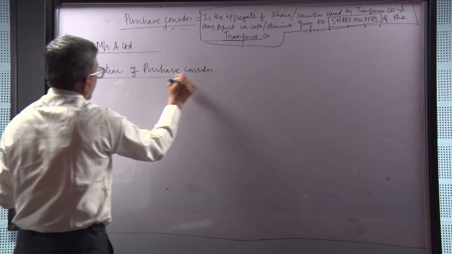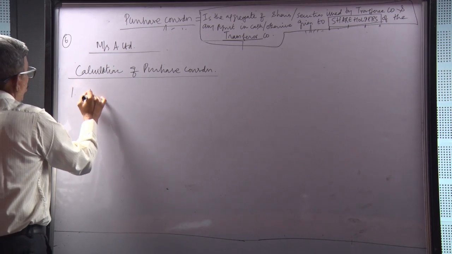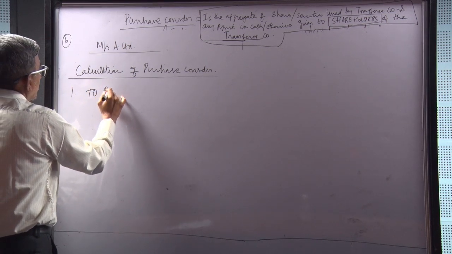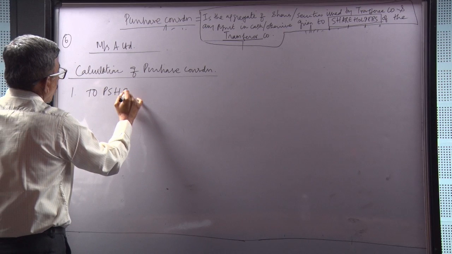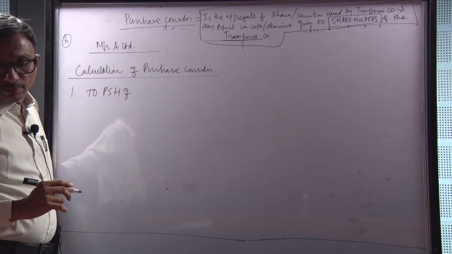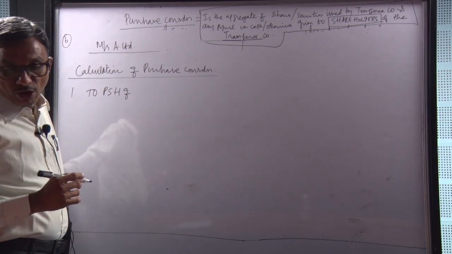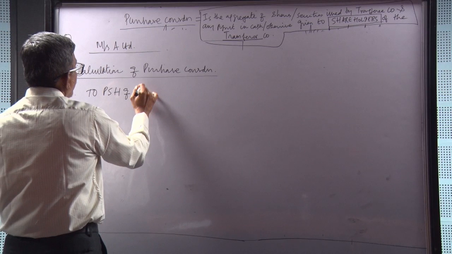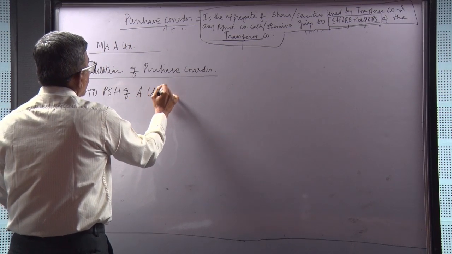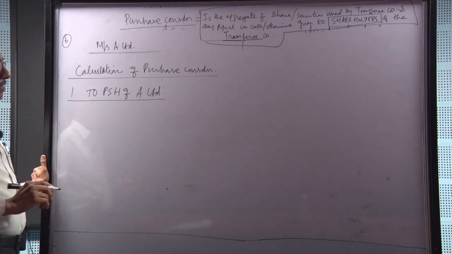Number 1, to preference shareholders of A Limited. A Limited is a vendor company, B Limited is a purchasing company.